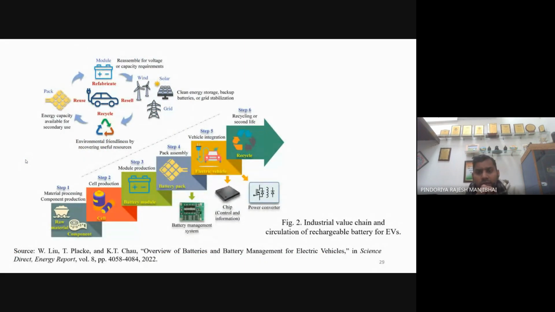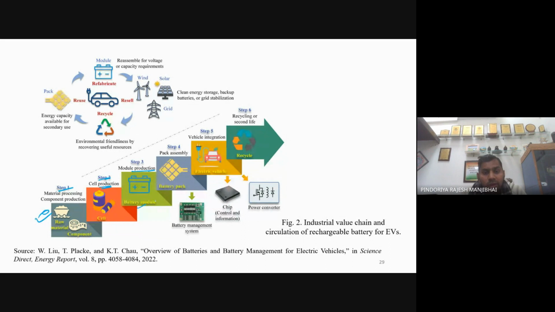So this is an industrial value chain. How can we do the step-by-step process for the battery management system? Step number one is the raw material, the raw components. Step number two is cell production. For the battery, we have to produce the cell, and then with series and parallel combinations we can produce one battery. Then module production, that is the battery module.